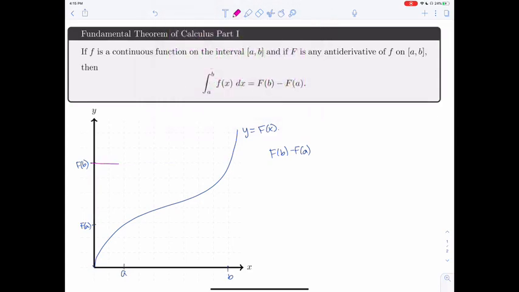F of B minus F of A is just this vertical distance here.